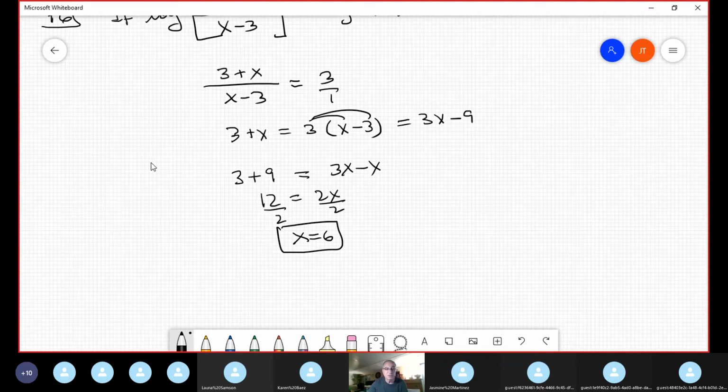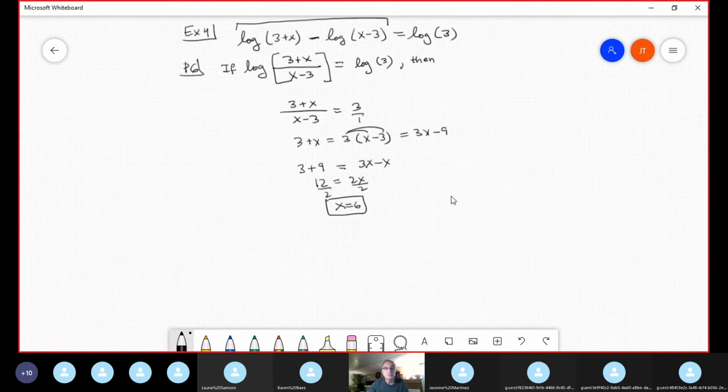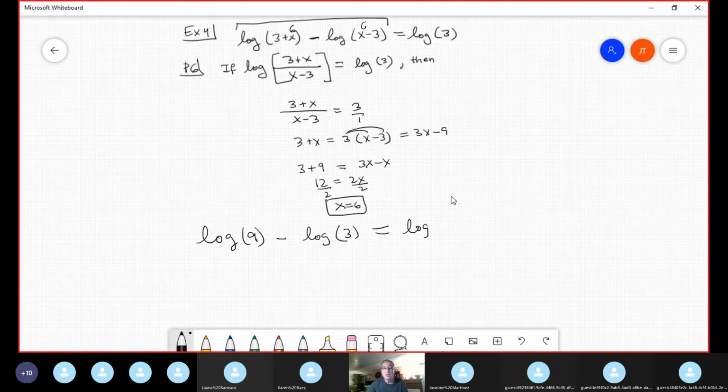Okay, checking for 6. Plugging in 6 in the original equation. The original equation is log of 9. Where does 9 come from? 6 plus 3. Substitution here, 6 and 6. Minus logarithm base 10 of 6 minus 3, which is 3. Should be equal to logarithm of 3. Wow, it's super easy to prove that this statement is true. There are many ways to prove that.